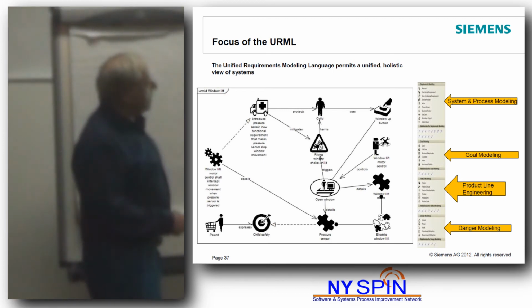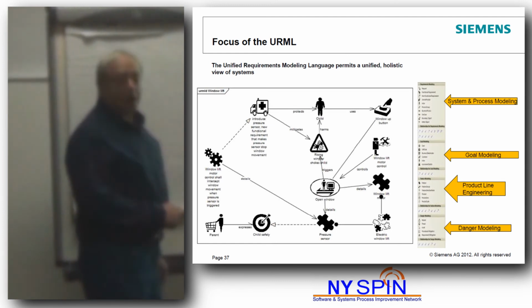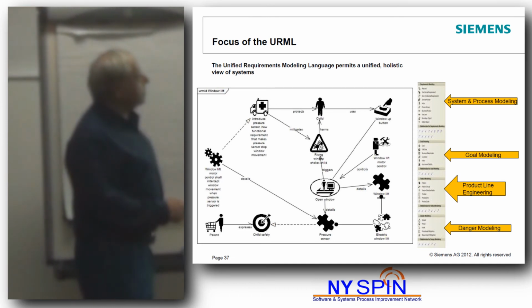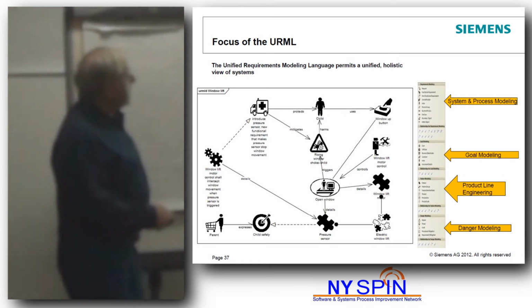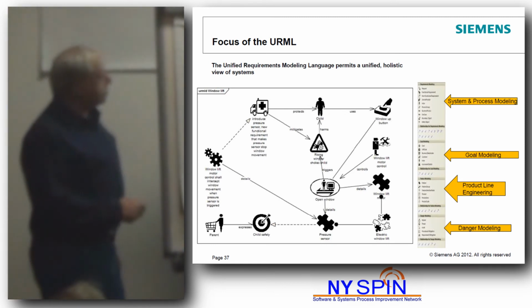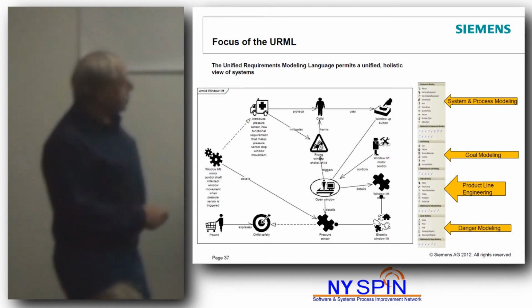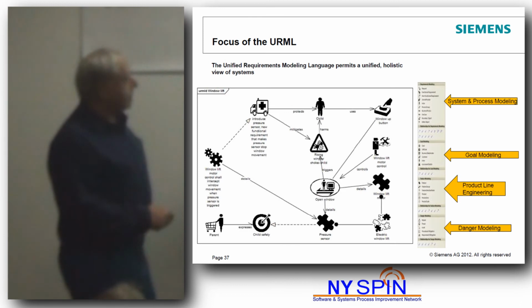So here we have an open window, and here we have a rising window which potentially could hurt a child. And here we have the child that's being injured. And here we have a little ambulance symbol, and we mitigate the danger by introducing a pressure sensor, which is a new functional requirement. And here we have a functional requirement that the window lift motor control shall intercept window movement when the pressure sensor is triggered.